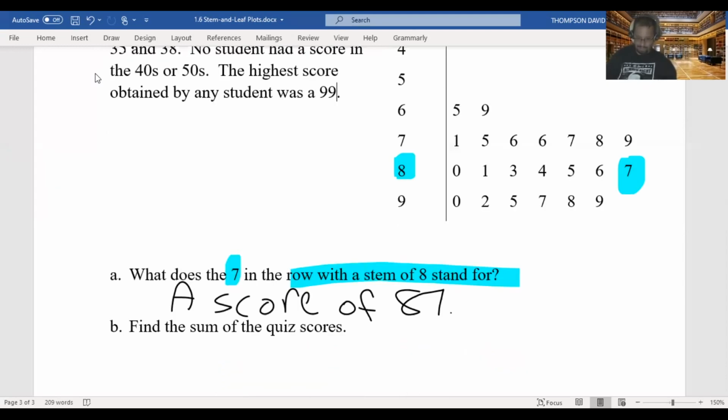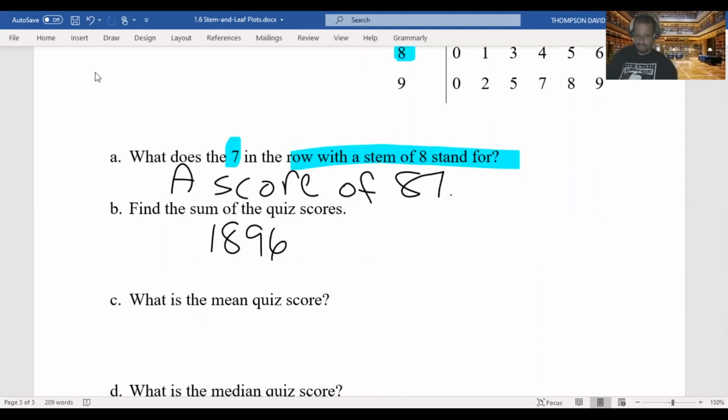When we add all those together, we get a total of 1,896.